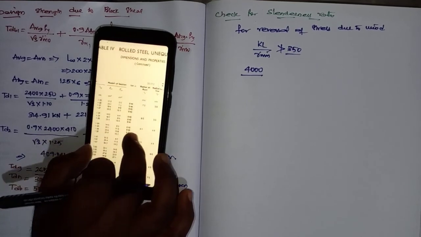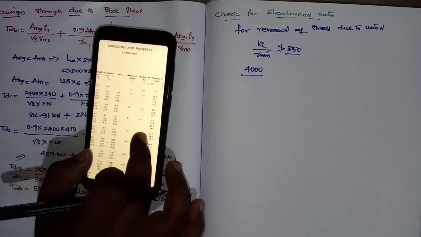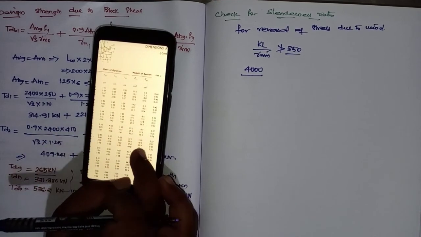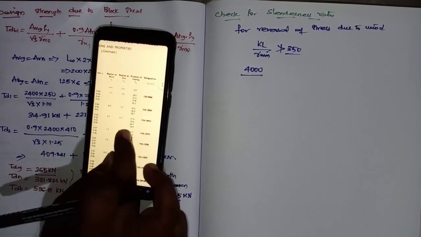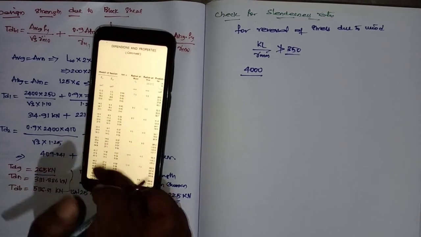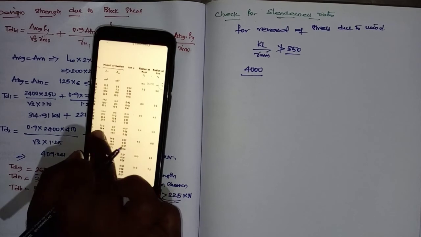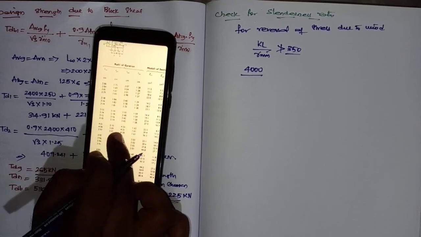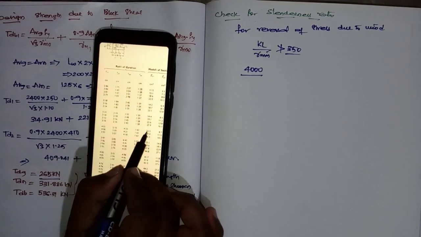Next page. See, this is for ISA 125 by 75 by 6 mm. What are we looking for actually? Radius of gyration. Okay, what is that? 125 by 75 by 6 mm means first line. In this first line, so how much is it?